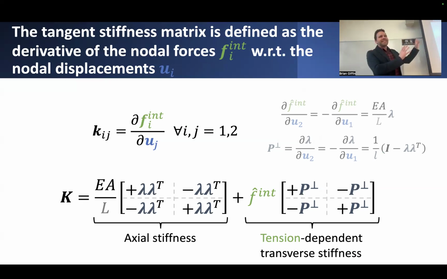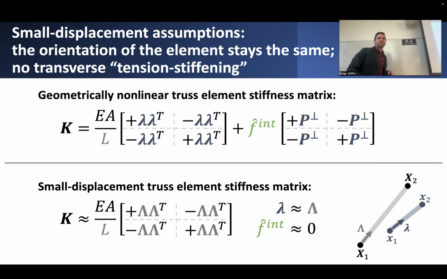Now, when you look at these expressions, they may not look quite like the expressions that we derived previously when we were dealing with basically linear elastic stiffness matrices for truss elements. But maybe let's take a slightly different perspective on this.